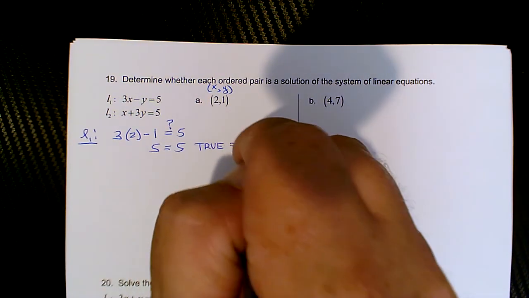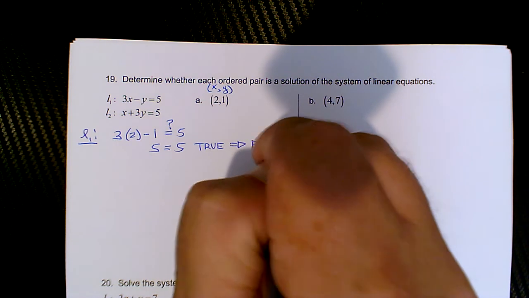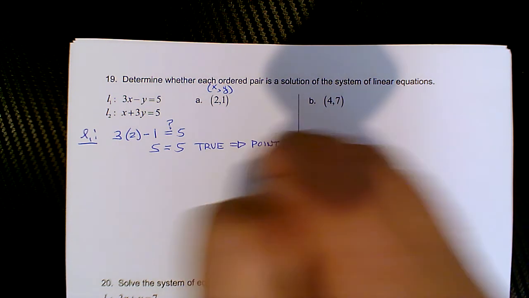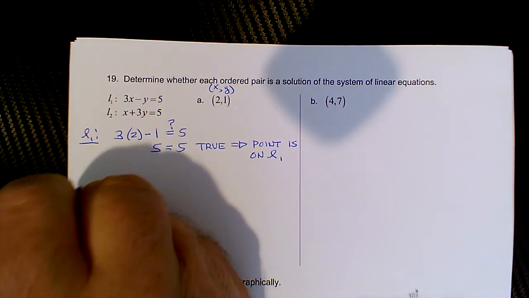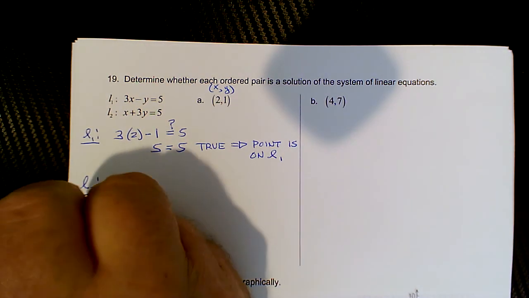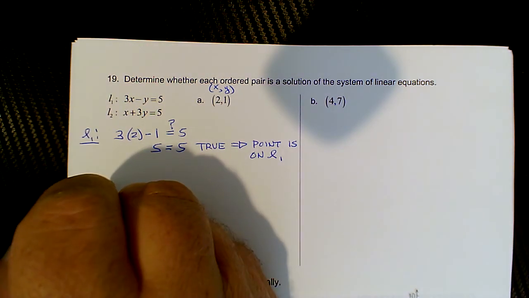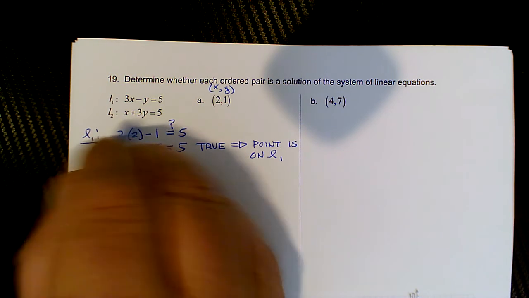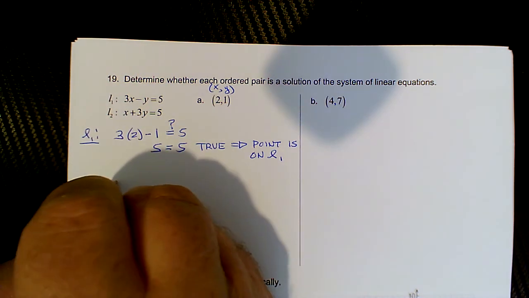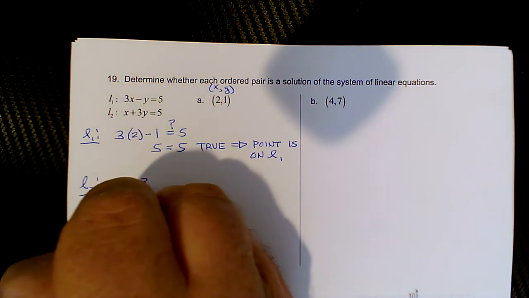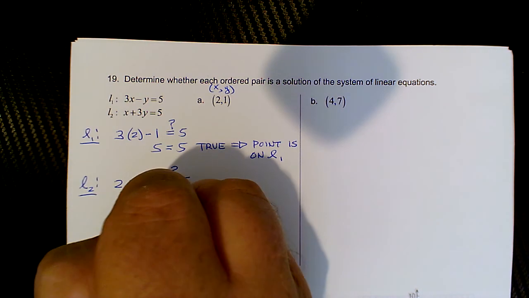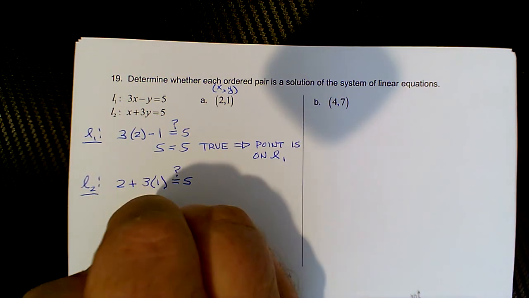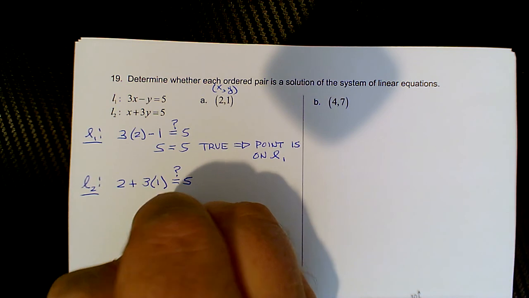And for line 2, go to the line 2 equation. X plus 3y is 5. So we have 4 plus 3, y is 7. Is that equal to 5? So again, a little question mark because we're just testing. And we get 4 plus 21, which is 25. Obviously not equal to 5. So that's false.